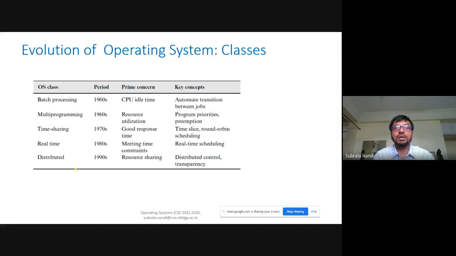So the modern OS includes, say, operating systems written for smartphones, maybe smartwatches, or maybe small devices. So that is how it is getting changed. But the majority of the operating system concepts evolved from the 1960s to the 1990s, and these days you are getting a network of different systems connected to the internet, or you are having a view that you are sitting in a large virtual machine, the concept of distributed systems, or maybe real-time systems.